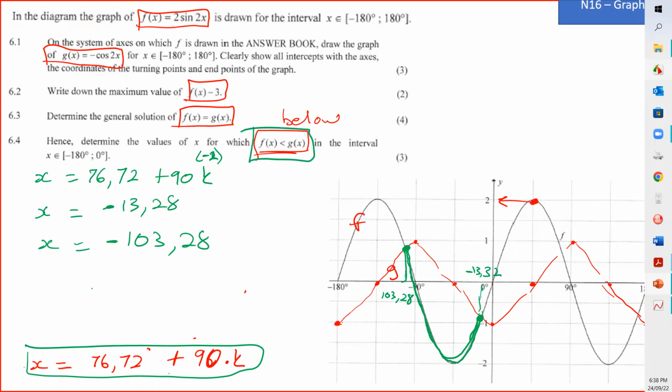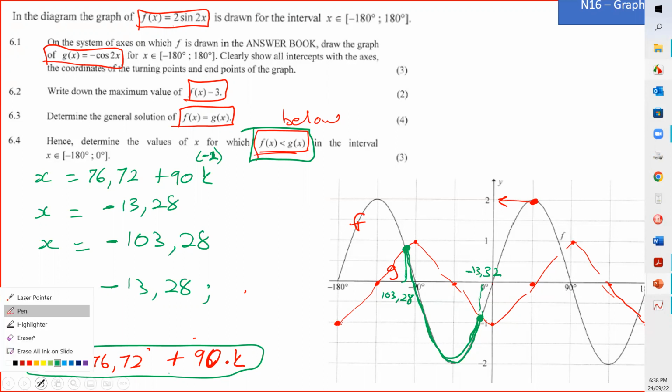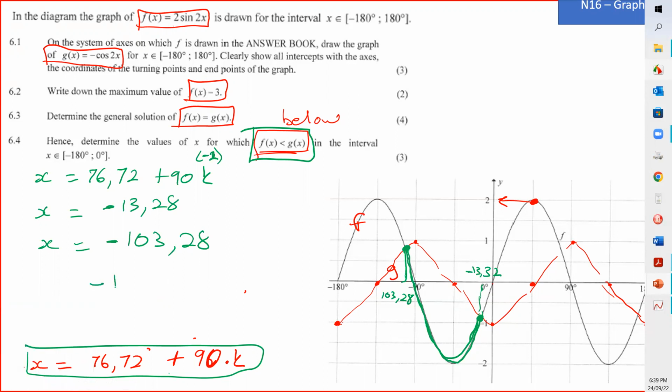So we are saying now that f is below g, running from minus 103.28. Sorry, we need our small number first. We work from left to right. So we're actually working from minus 103.28, there's our point, and that's going to the other point called minus 13.28.